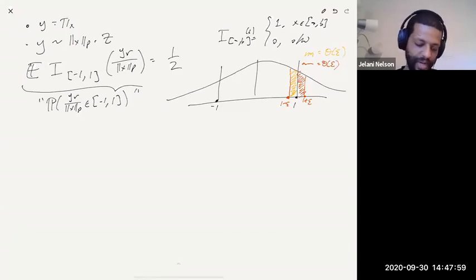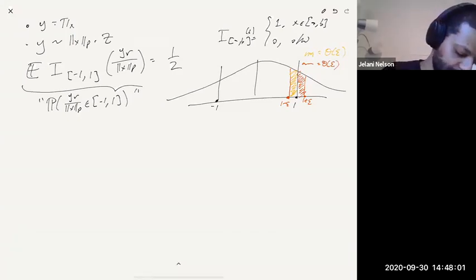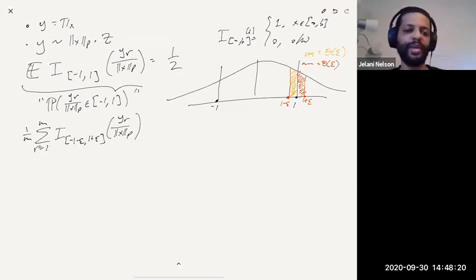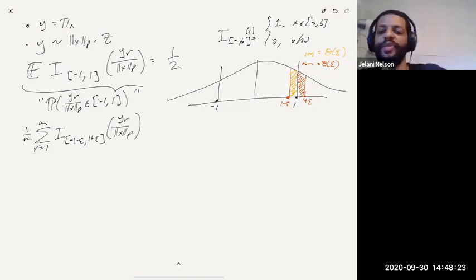Okay, so now what I'm going to do is look at the sum, r goes from 1 to m, of 1 over m times the indicator function of -1 minus epsilon, 1 plus epsilon, applied to y_r over the LP norm of x. What is this mouthful actually computing? I'm maintaining y, which is pi x.